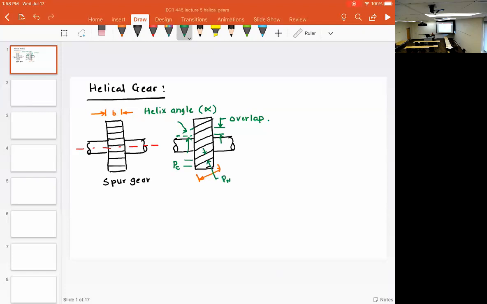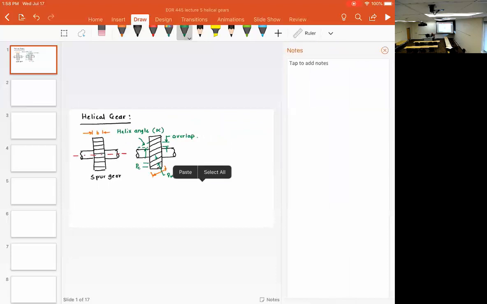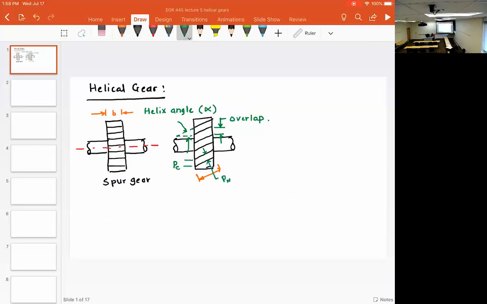And the relationship between the circular pitch and the normal pitch is given as Pn is equal to Pc cosine of alpha.